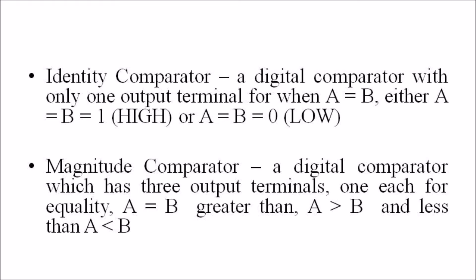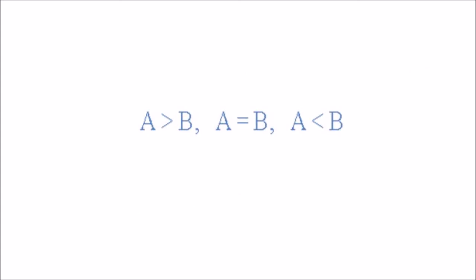The purpose of a digital comparator is to compare a set of variables or unknown numbers, for example A, against a constant or an unknown value such as B, and produce an output condition or flag depending upon the result of the comparison.